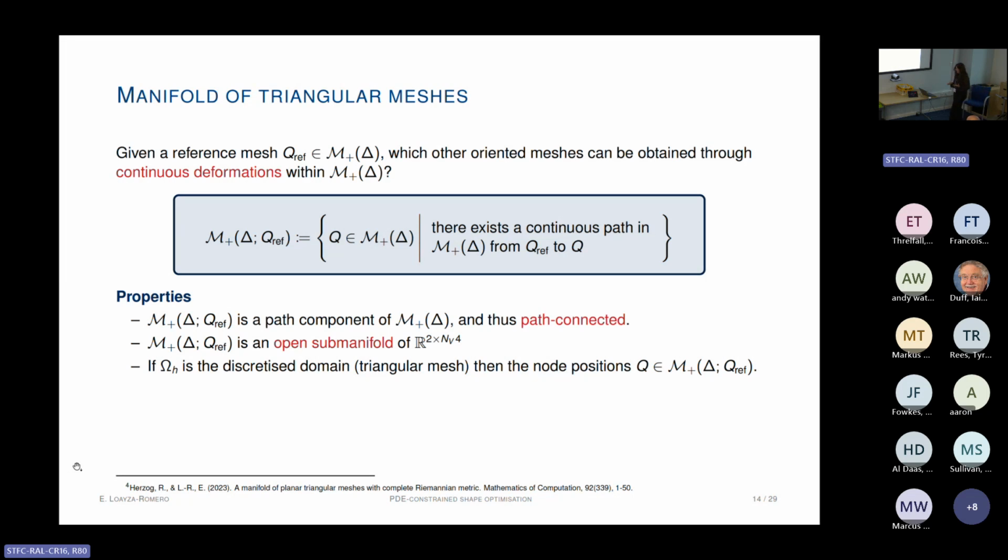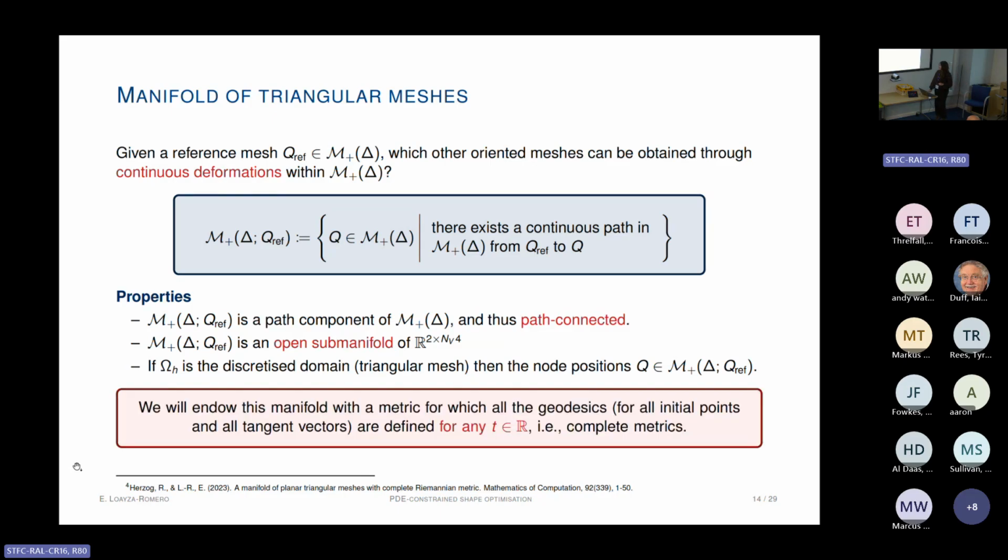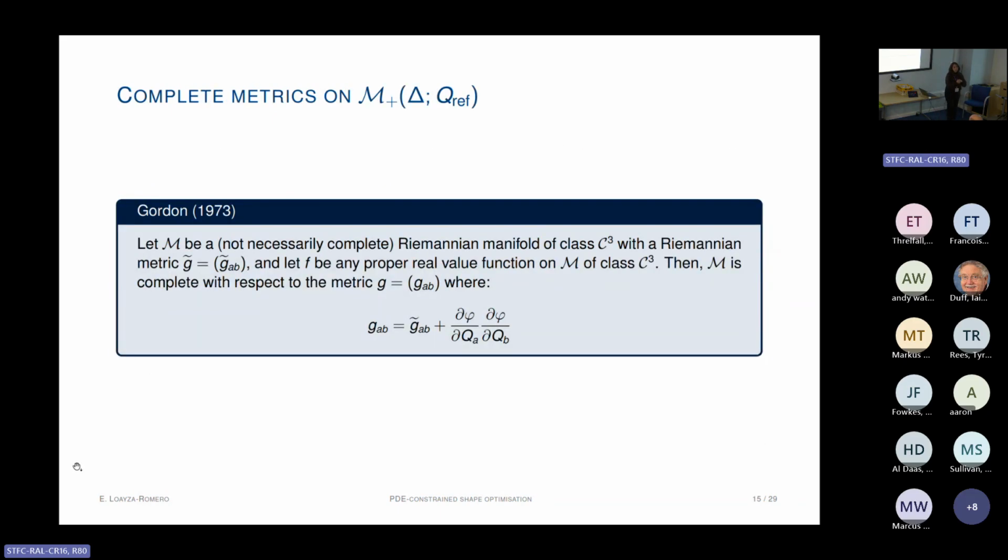This is exactly what we wanted to exploit. But of course, the problem is how do we construct complete metrics? And in fact, this is not very easy. You can construct Riemannian metrics and, by counterexample, prove that they are not complete. But really, constructing complete metrics was not super obvious.